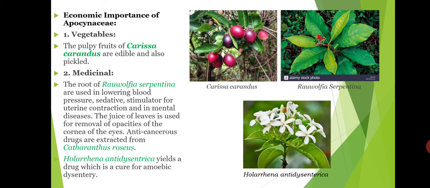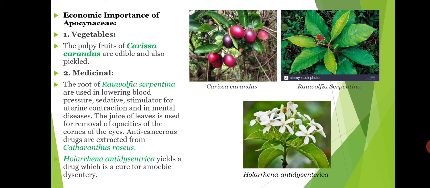Then sedative, stimulator for uterine contraction, and in mental stress it reduces the mental stress. The juice of leaves is used for removal of opacities of the cornea of the eyes. That is, it is treating eye diseases.